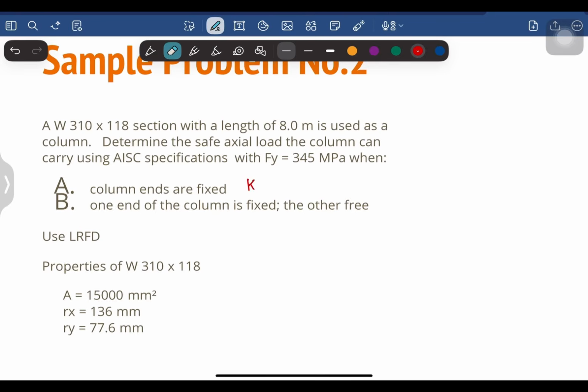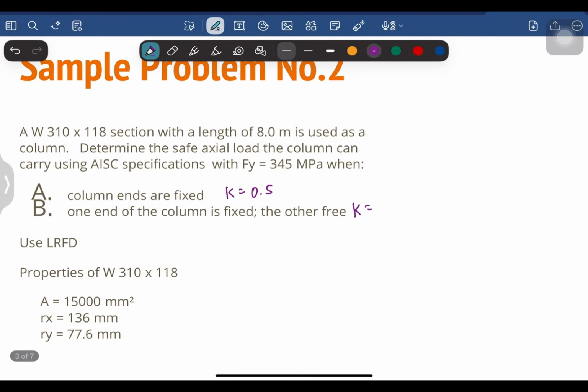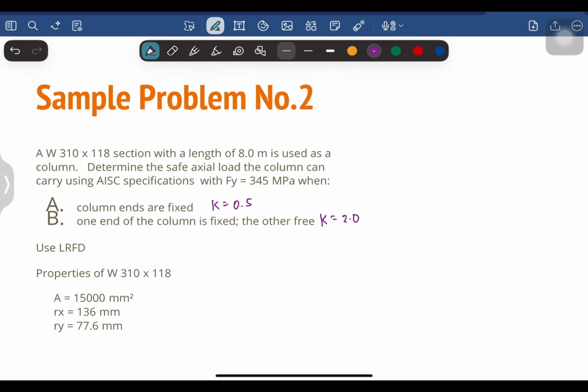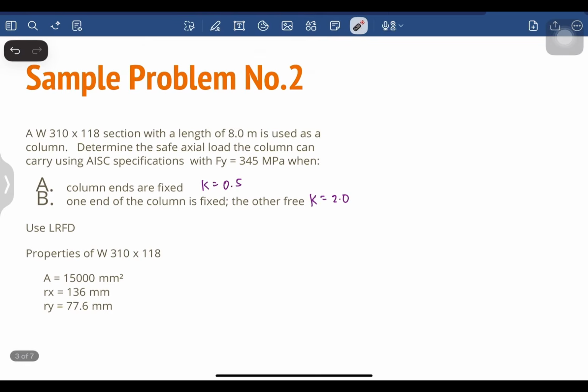Pag column ends are fixed, K is equal to 0.5. For letter B, one end of the column is fixed and the other is free, so 2.0 as per NSCP. So we have to use the LRFD as a design philosophy.